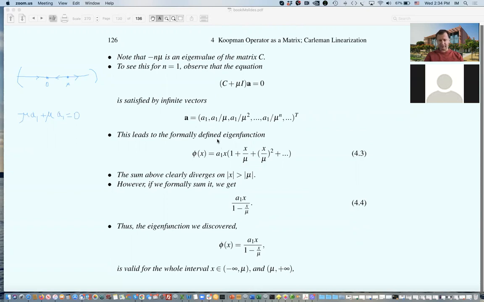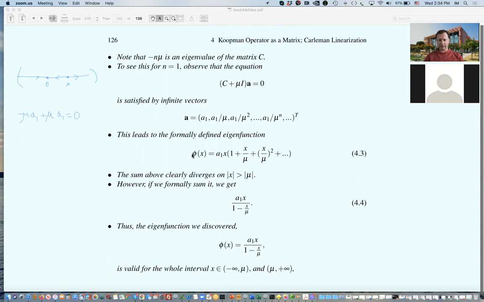So let's do that. We have a1x plus a1 over mu x squared plus a1 over mu squared x cubed and so on. So I'll take a1x out, and then I get 1 plus x over mu plus x over mu squared and so on. And this phi of x, according to our theory, should be the eigenfunction of the Koopman operator.